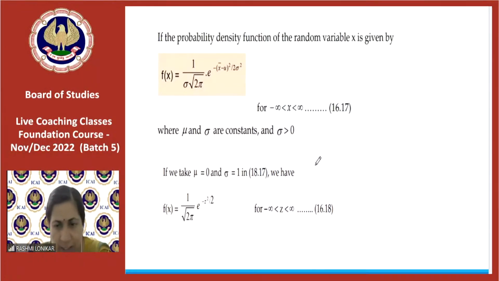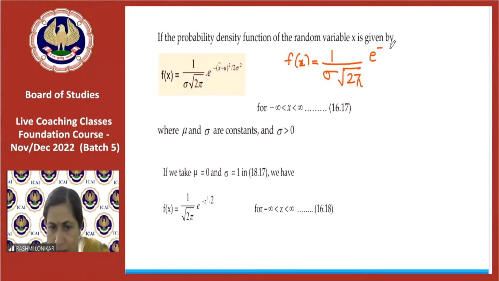So we're just revising the formula again. Here we are saying f(x) is equal to 1 upon sigma square root of 2 pi, e raised to minus (x minus mu) square upon 2 sigma square, where x is lying between minus infinity to plus infinity.